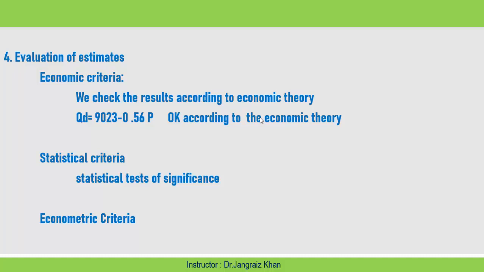After the economic criteria, we check the result from the statistical point of view, through the statistical criteria. In the statistical criteria, we check the significance of the parameters by using different tests.